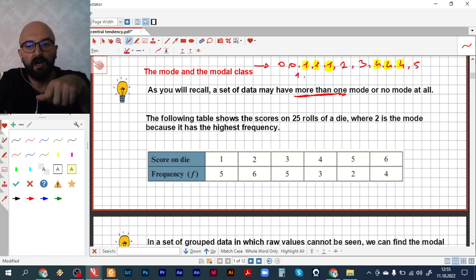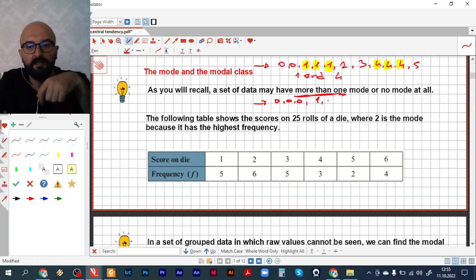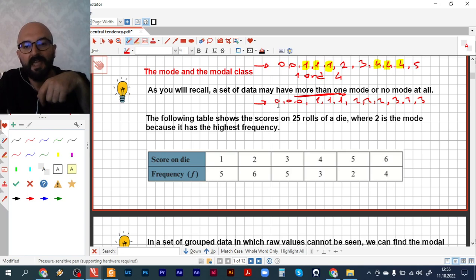These modes are 1 and 4, because both of them appear 3 times. But if your values are, for example, 0 0 0, 1 1 1, 2 2 2, and 3 3 3, all values amount the same.